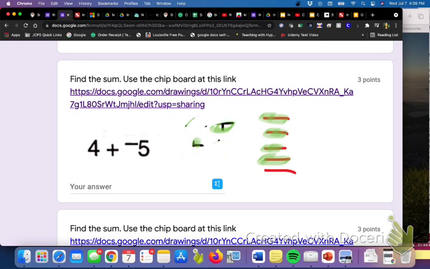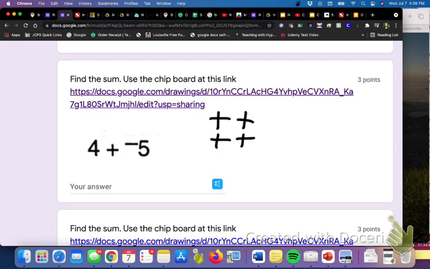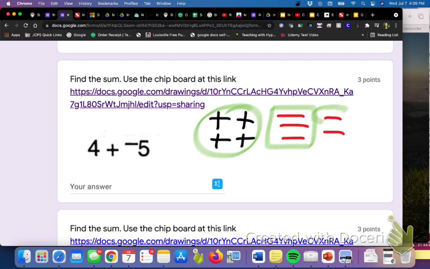Or you can think about it this way, where you would have 1, 2, 3, 4 positives, and 1, 2, 3, 4, 5 negatives. You could say those 4 positives will cancel out 4 of those negatives, and that leaves just that 1 negative left over after all these guys have canceled each other out.